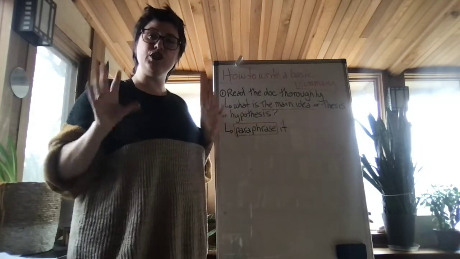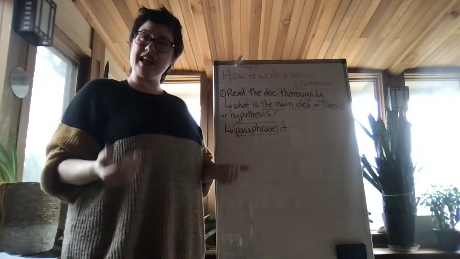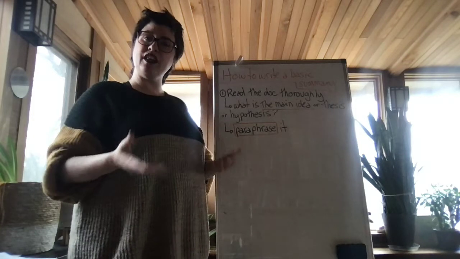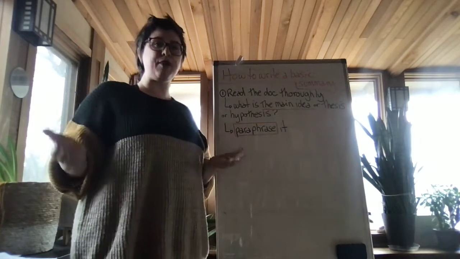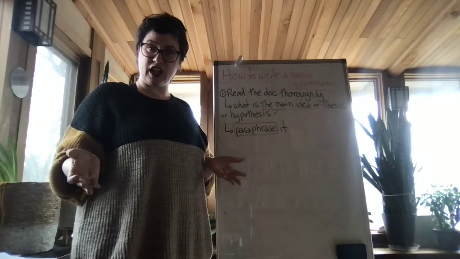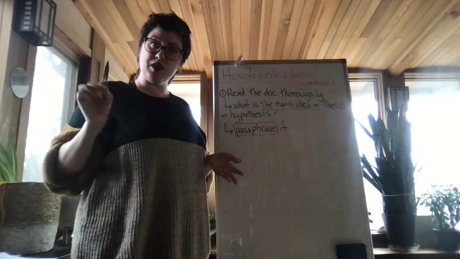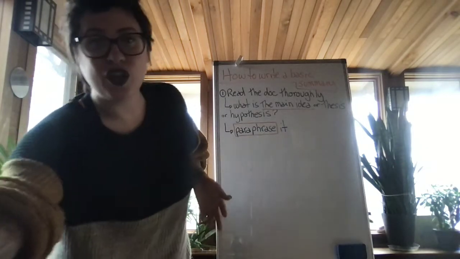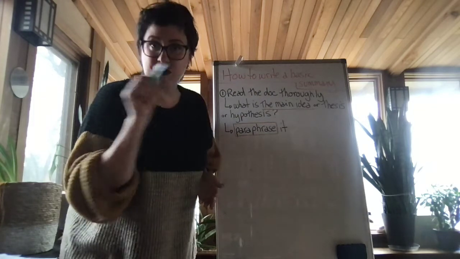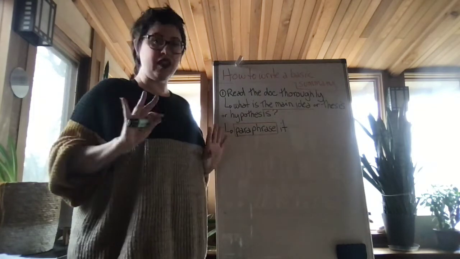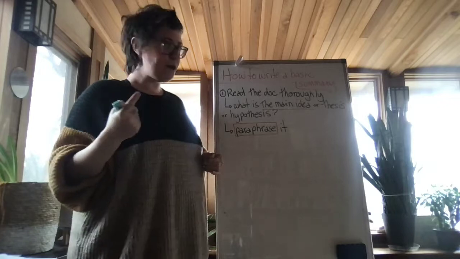So then you're going to do some deep reading. You're going to sit down with this document and read it thoroughly. Maybe you will look up the words that you don't know in the dictionary. Maybe you'll make some notes in the margins, or you will highlight the important parts. That's great. So that's step number one.